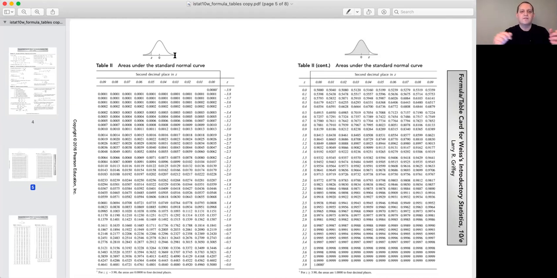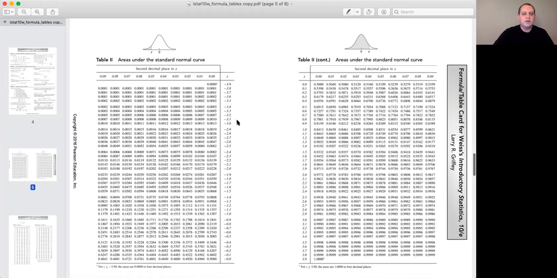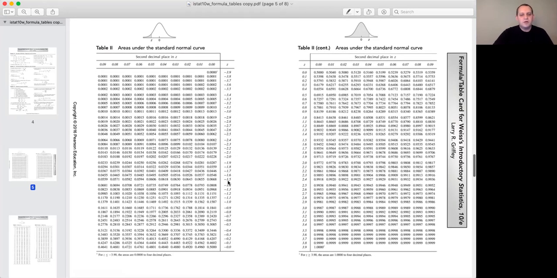So this goes from -4, -3.99, -3.98. What the table tells you is the area, in other words the integral, from -infinity all the way up to the z value. So if we want to know the area under the curve from -infinity to -0.77, this is exactly the type of question we can answer with the table. I'm going to zoom in just a little bit here.